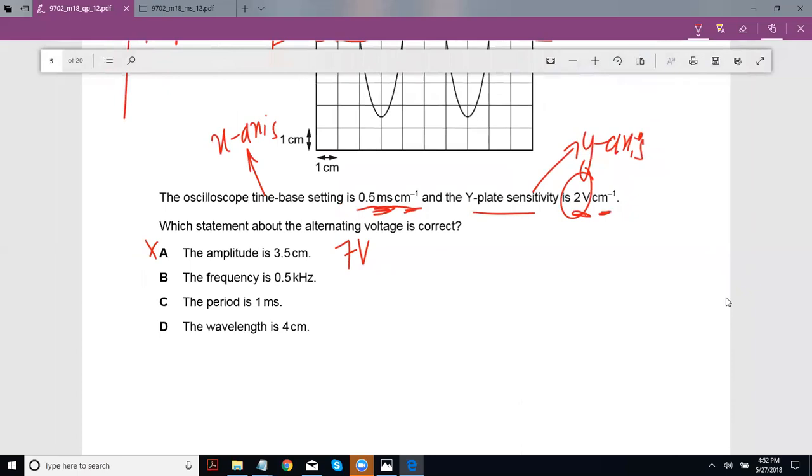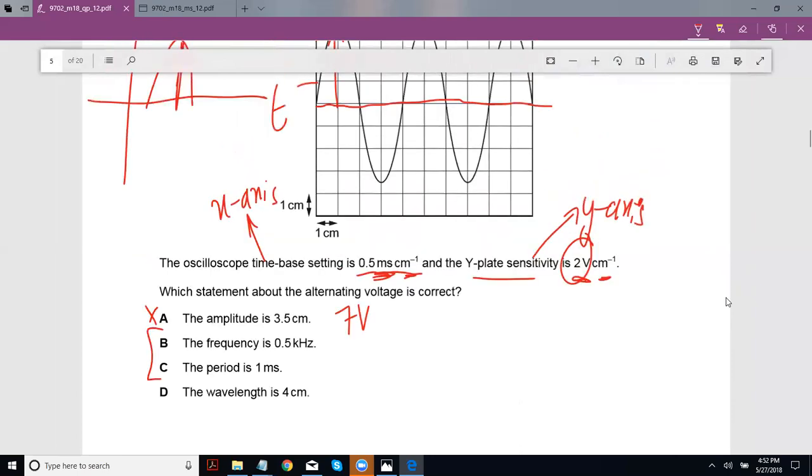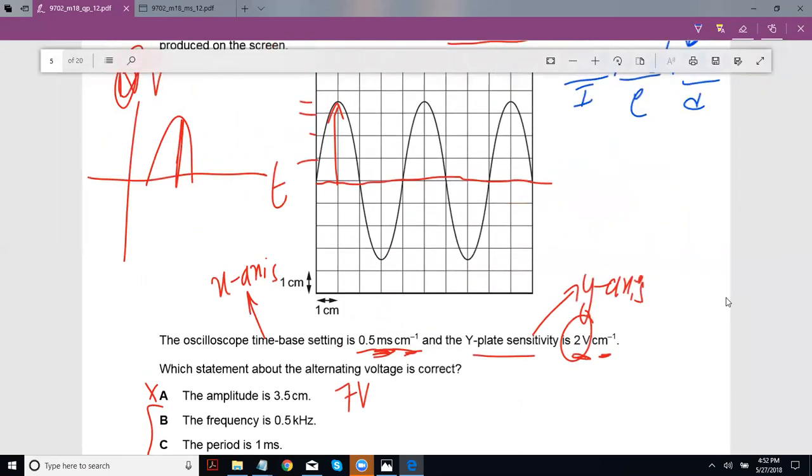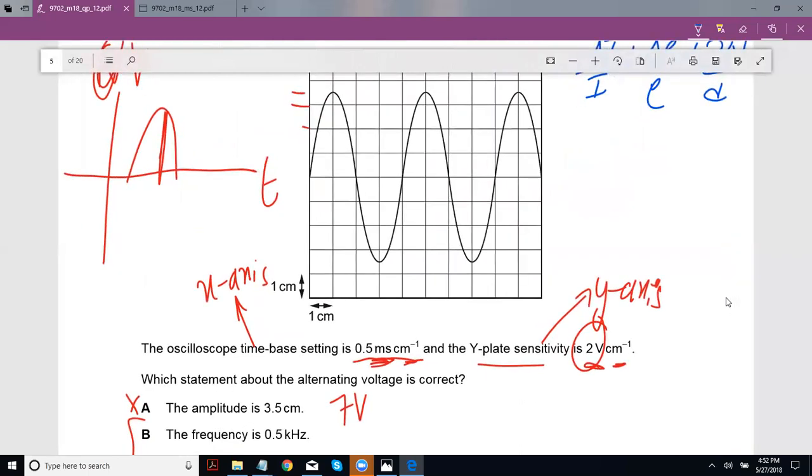Now, B and C both will use your time period, so let's just calculate that. Your time period is basically the time it takes for one complete wave to go.